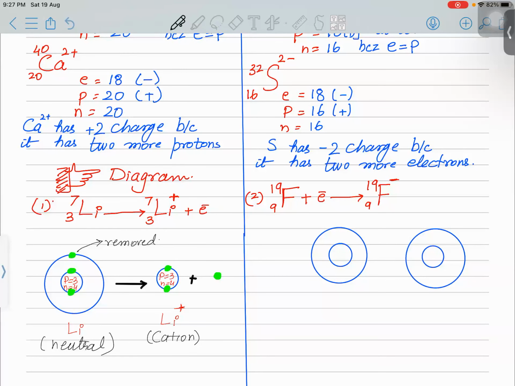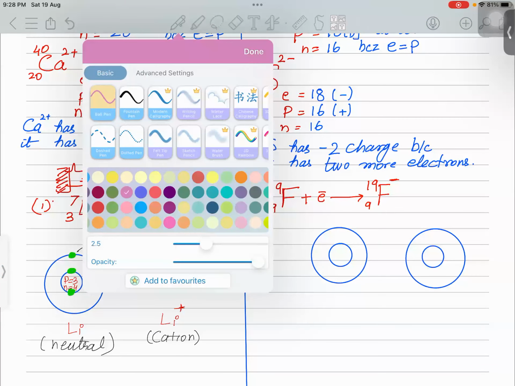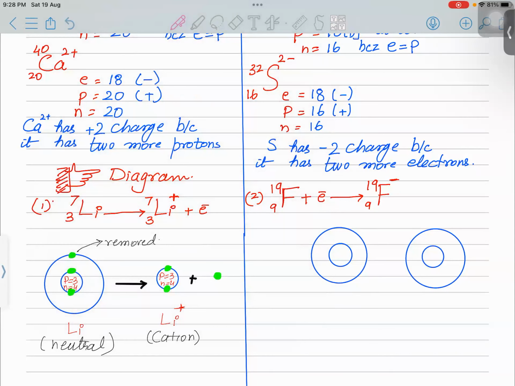Now, fluorine. Fluorine has 7 valence electrons.